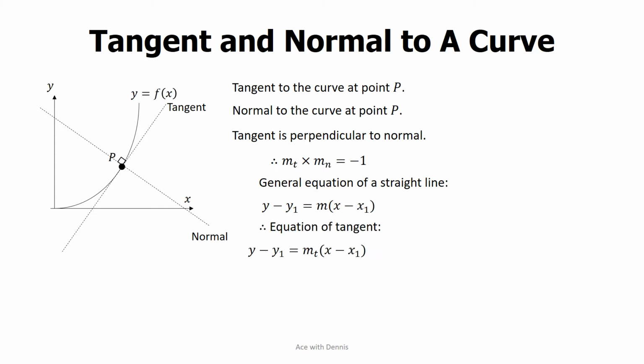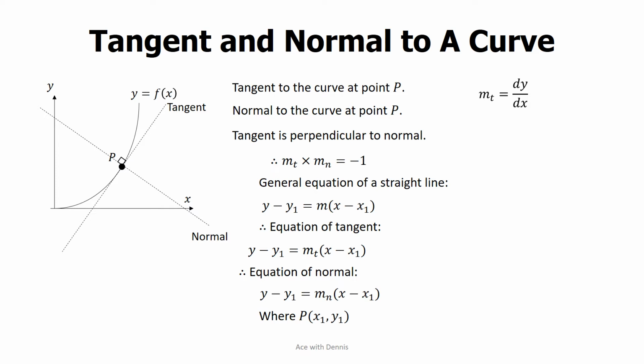Hence, the equation of a tangent will be y minus y1 equals m tangent (x minus x1). The equation of a normal will be y minus y1 equals m normal (x minus x1), where the coordinates of P will be (x1, y1).